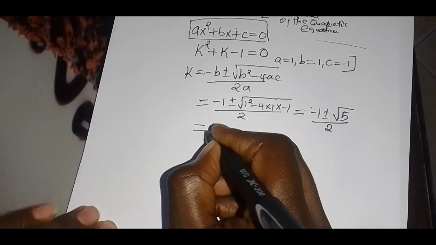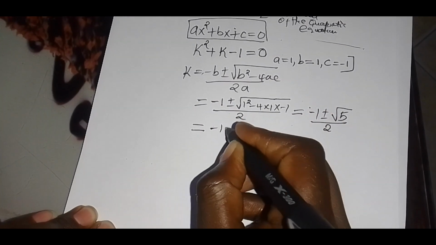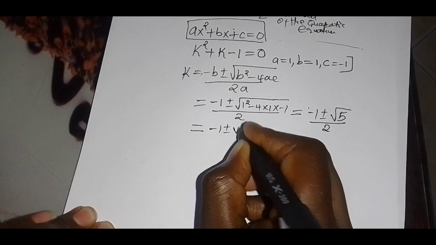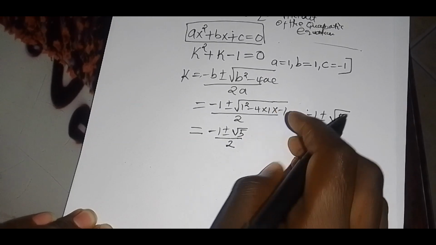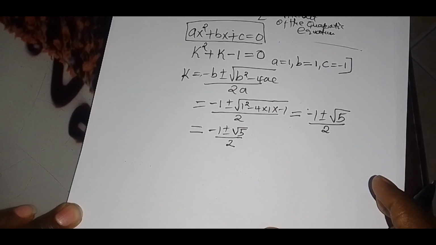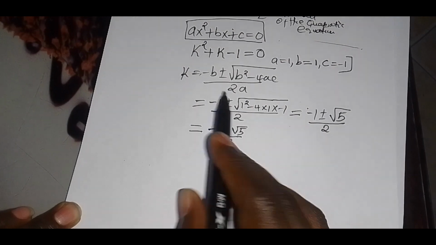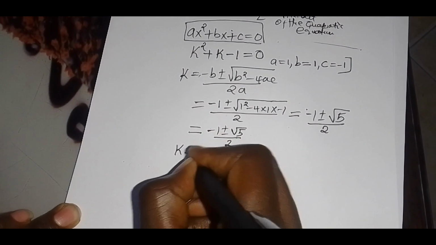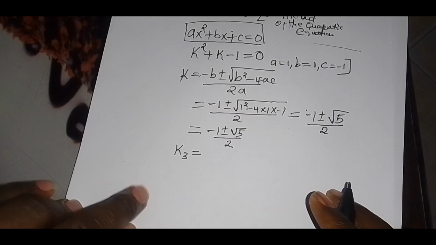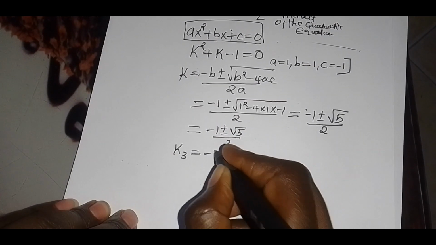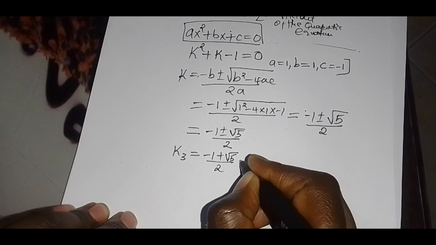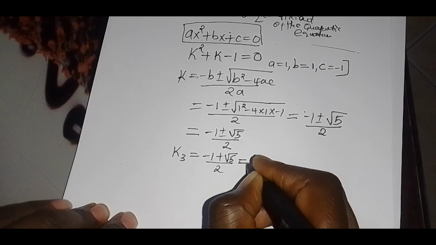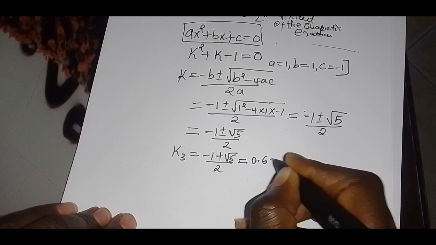So this means we have -1 plus or minus the square root of 5 divided by 2. That means the third value of k, k3, is equal to -1 plus the square root of 5 divided by 2, and this is equal to 0.62.